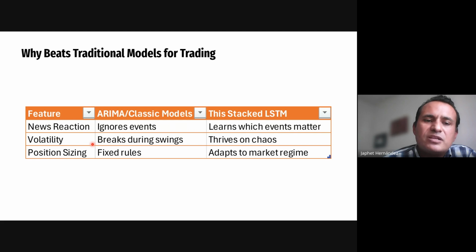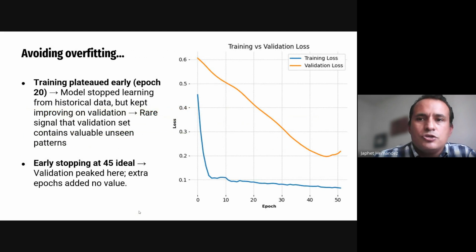On volatility, the classic models break during swings, while the LSTM thrives on chaos, and you will see the predictions in a moment that reflect the fluctuations in a very fine way. And on position sizing, classic models use fixed rules, while LSTM adapts to the market.